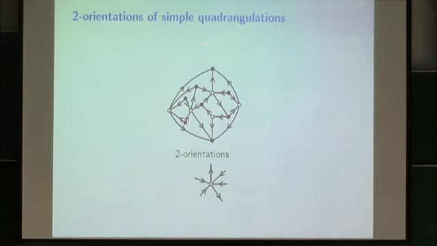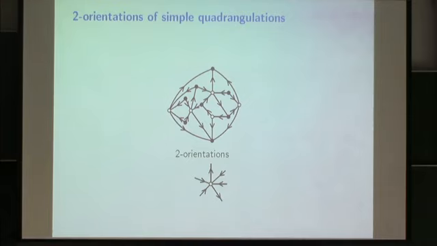Simple quadrangulations, as simple triangulations, are quadrangulations without multiple edges. And it turned out that in a very similar way as you could characterize simple triangulations by saying that they are triangulations that admit a 3-orientation, a similar characterization is valid for quadrangulations. Simple quadrangulations are the ones that admit a 2-orientation.